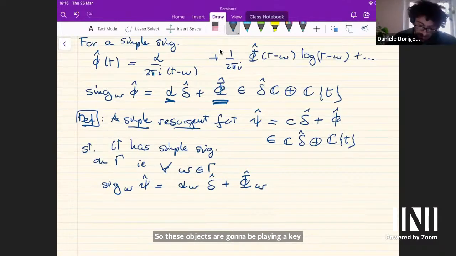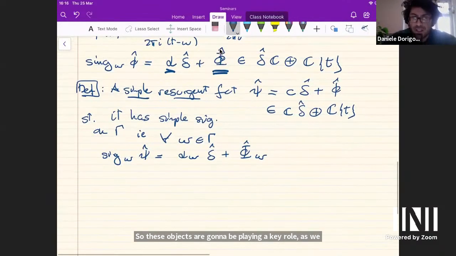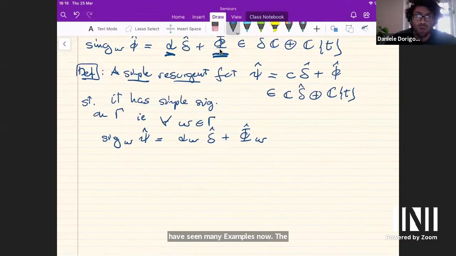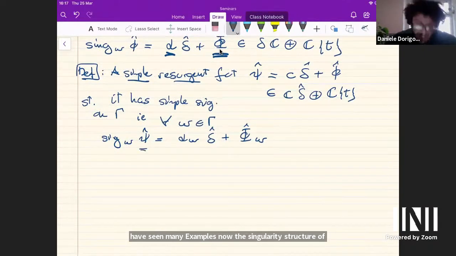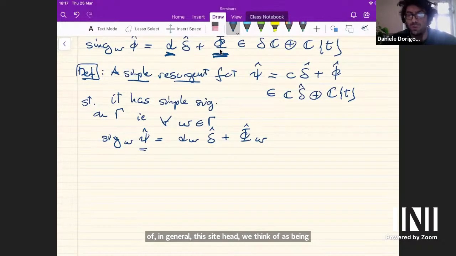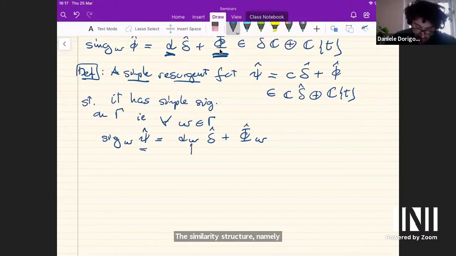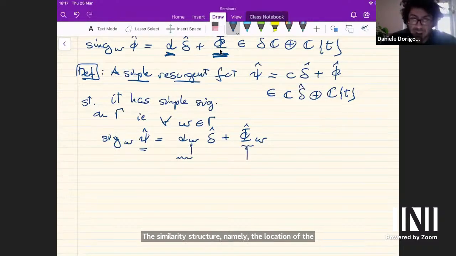As we have seen in many examples now, the singularity structure of, in general, this psi hat, which we think of as being the Borel transform of our perturbative series, namely the location of the pole, the residue of the pole, and the logarithmic singularities, will have to do with some non-perturbative physics.